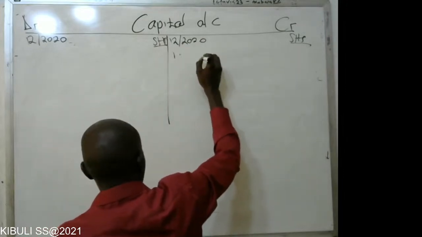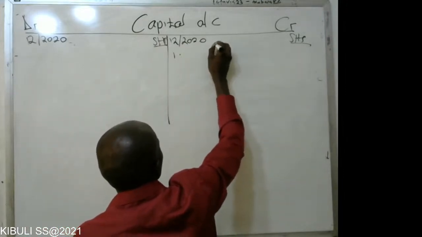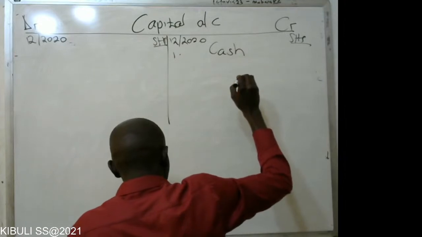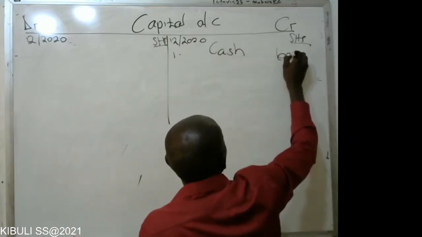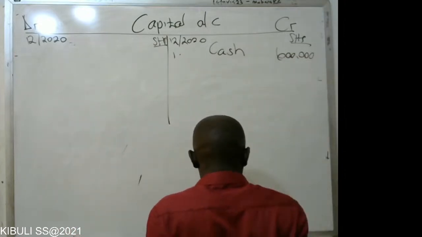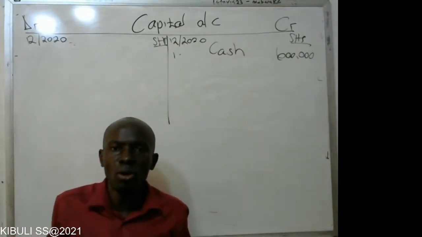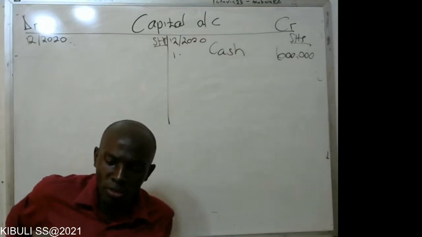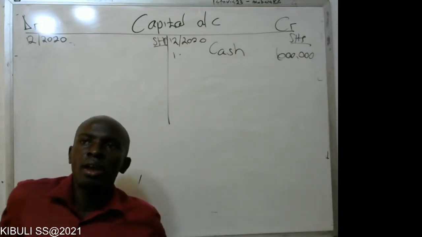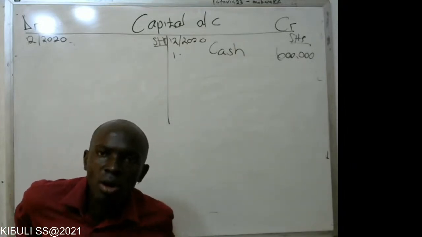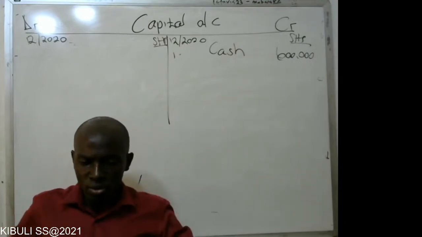So on first, capital gave out to cash. How much was it? 600,000. Is there any other account we are going to record in the capital account? No. So because there is no any other account, now you can balance off your capital account.